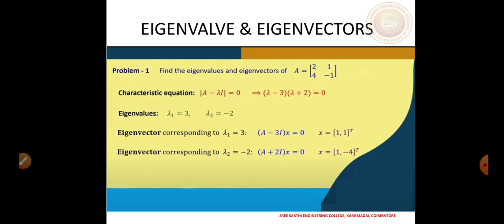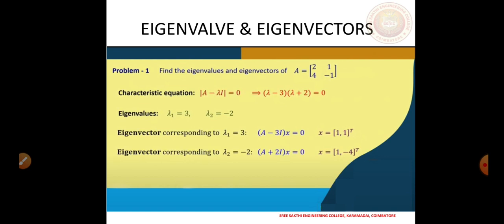That is the characteristic equation, and from it we get the roots, which are the eigenvalues. So the eigenvalues are lambda 1, which is 3, and lambda 2, which is minus 2.